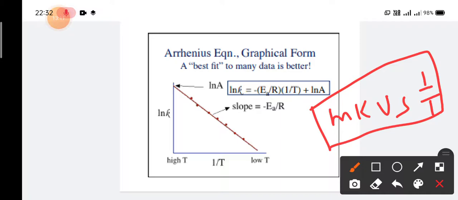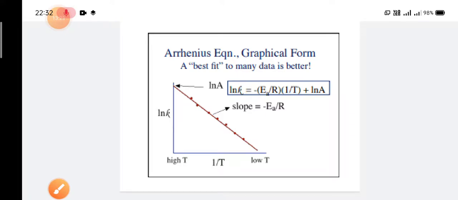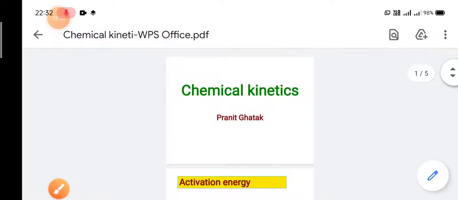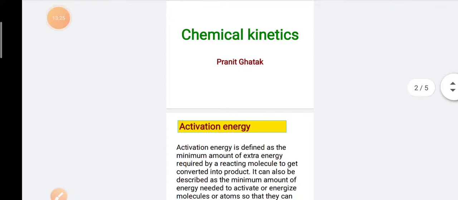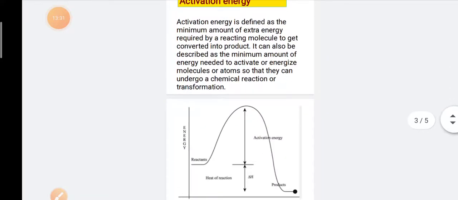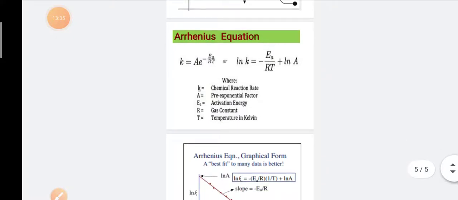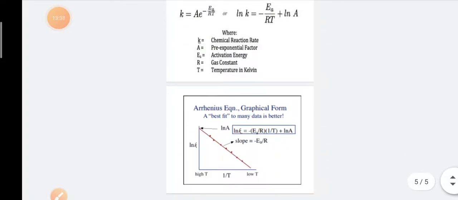So in this class I have explained some topics of chemical kinetics, especially activation energy and the graphical representation of activation energy, as well as the Arrhenius equation and the graphical representation of the Arrhenius equation.